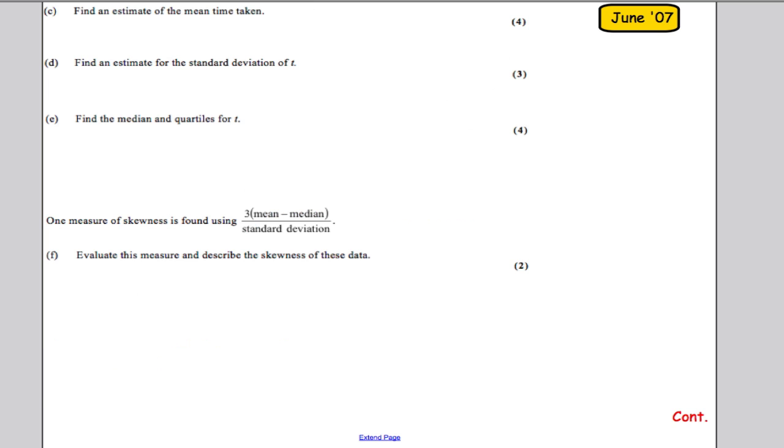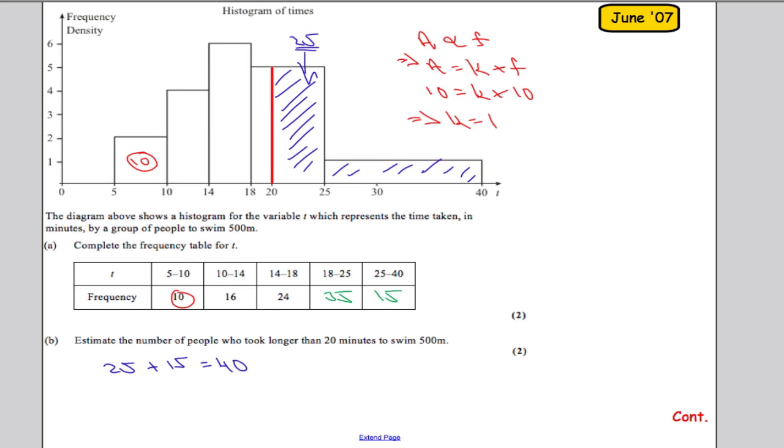Lovely. Find an estimate for the mean time taken, and then it asks for an estimate of the standard deviation. Now there's 7 marks going here. We're going to save ourselves a heap of time by writing down x, our midpoints. Just checking there's no gaps in the data, I'm going to add the two class boundaries together and divide by 2.